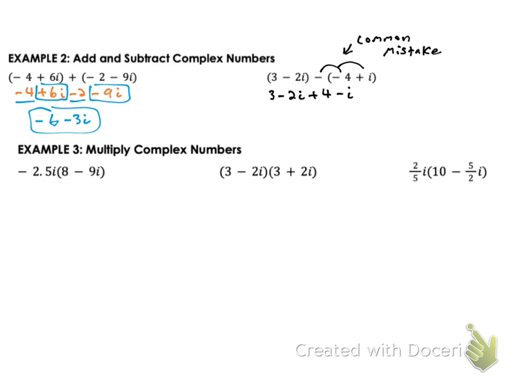People are good about subtracting the negative 4, but then they forget they've got to subtract the i too, right? All right, so that'll give us 3 plus 4, which is 7, minus 3i.